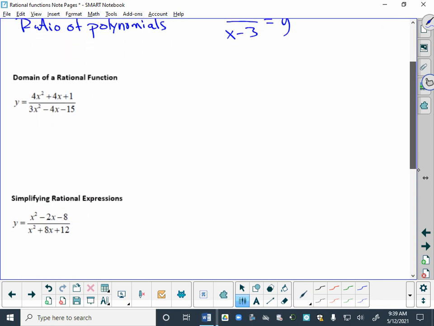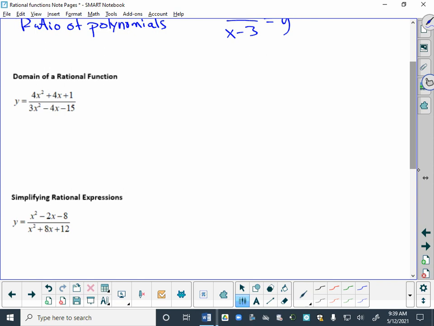Okay. So the domain of a rational function. When we're concerned about domain, we always assume that the domain is all real numbers unless we have some reason to exclude them. This is completely out of context right now, so there's no story that would exclude any of these values. But as we look at this, we see the potential for division by 0.